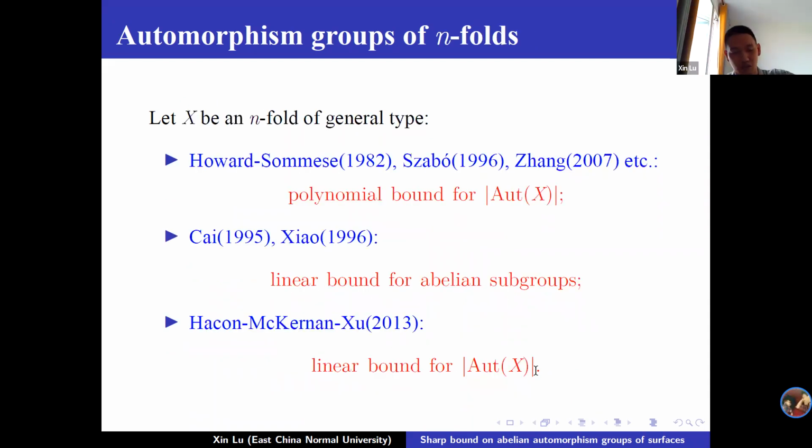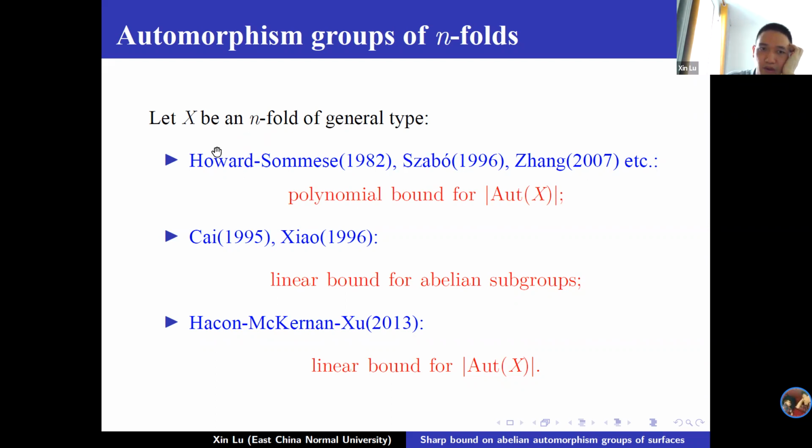Although we are mainly concerned with the abelian automorphism group of the surface case, we would also like to mention the results in high dimension. So let X be a manifold of general type. Many mathematicians worked on this problem and made some progress in some cases.